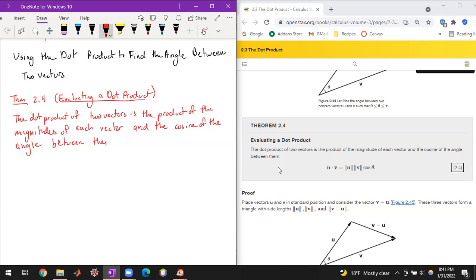So just to put it really simply for you, the rule is that the dot product, now we know the definition of the dot product is that calculation involving the sum of the products of the components, but it turns out, coincidentally, that value will also give us the magnitude of u times the magnitude of v times cosine of the angle between them.